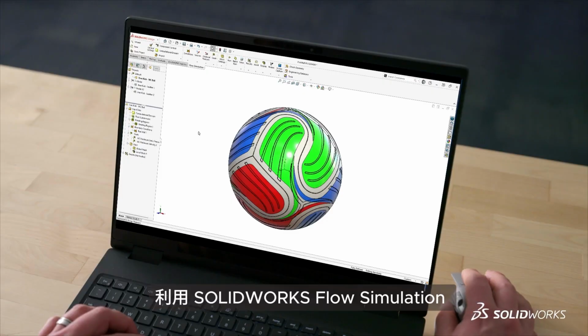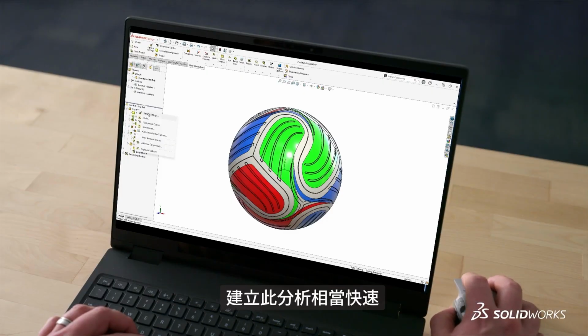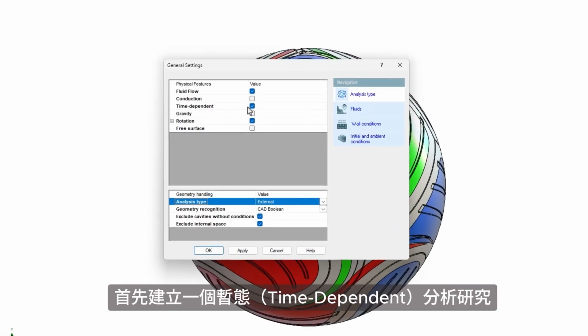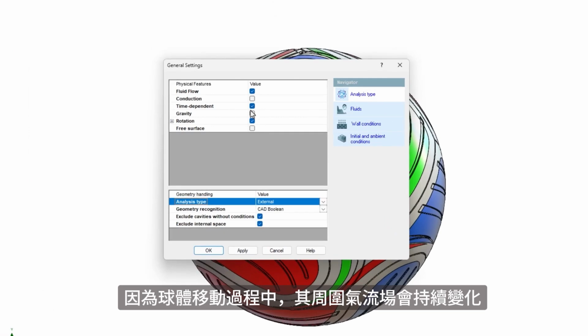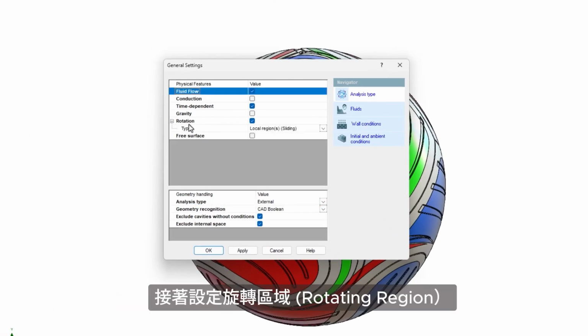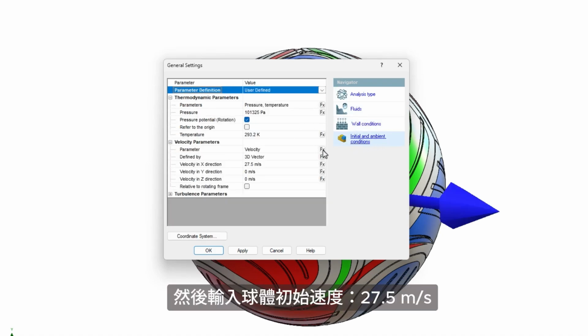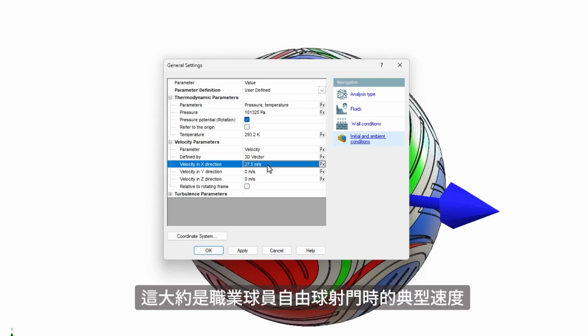With SOLIDWORKS Flow Simulation, setting up this study is a breeze. I'll start with defining a time-dependent study, since the airflow around the ball will change as it moves. I want to include a rotating region, set the fluid to air, then dial in the kick velocity, 27.5 meters per second, the speed of a professional free kick.